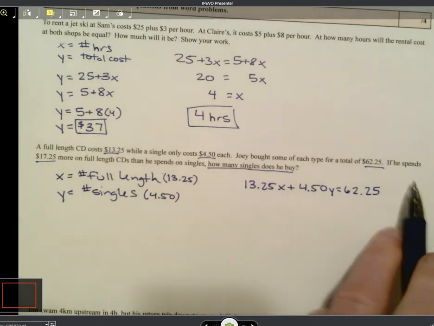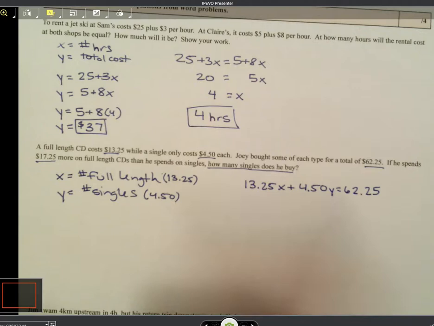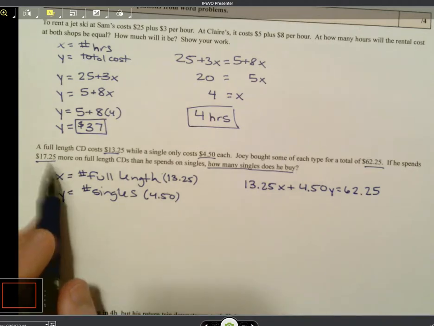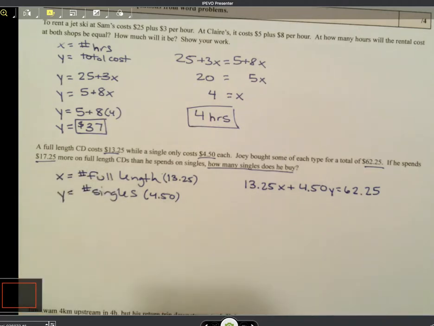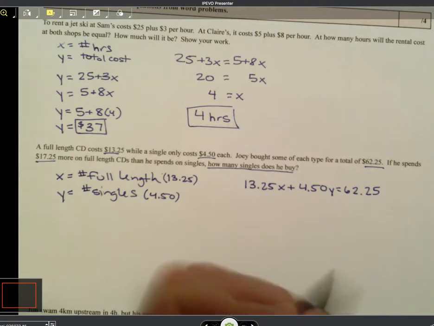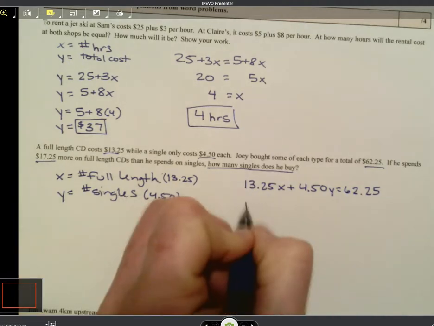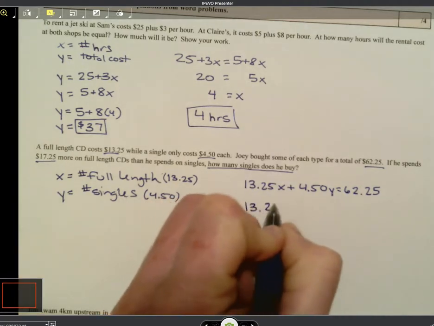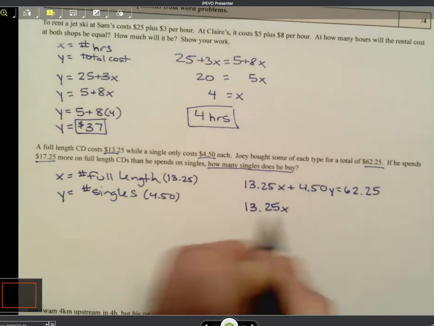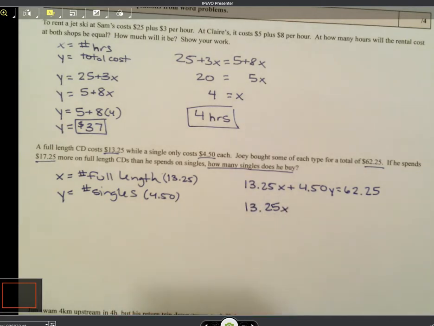Now this one was a little tricky, I think, for folks. If he spends $17.25 more on full-length CDs than he spends on singles, okay, he spends more on full-length CDs. So the full-length CD amount that we spent is more than singles.